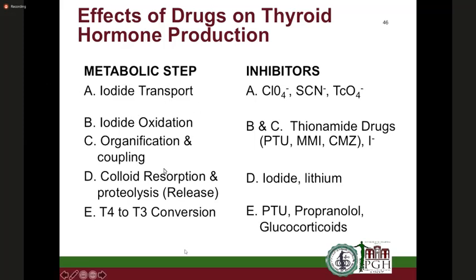For the oxidation, organification, and coupling steps, these are the thionamide drugs and high-dose iodides. For the release, the proteolysis, again, it's the high-dose iodides, as well as actually lithium. That's a drug that's known to inhibit the release of thyroid hormones, and inhibiting T4 to T3 conversion are the following.